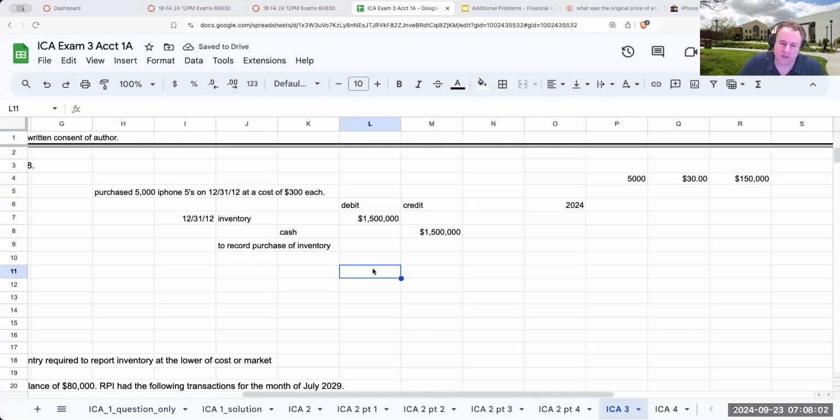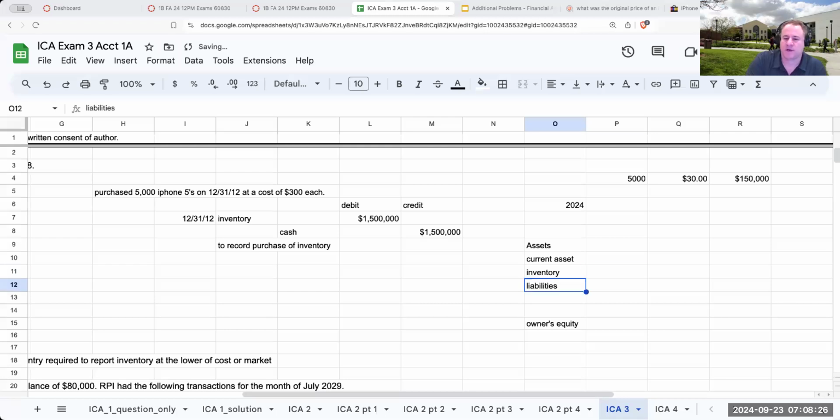And here's the problem I run into. If I show inventory on my balance sheet, with our assets, liabilities, and owner's equity, and I'm showing inventory as a current asset of 1.5 million as of 12/31/12, that's fine.